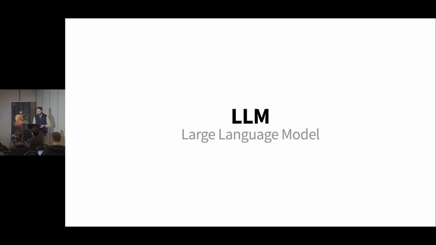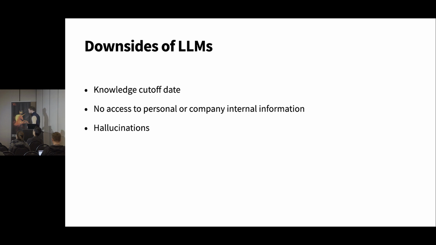But they also have a few downsides. So first of all, there is a knowledge cutoff date. All of those models have been trained up to a certain point in time. And if you want to ask them something that happened since then, they will not know. And there's also a lot of information that will never make it into a large language model in the first place, which could be very personal information, but it could also be company internal information.